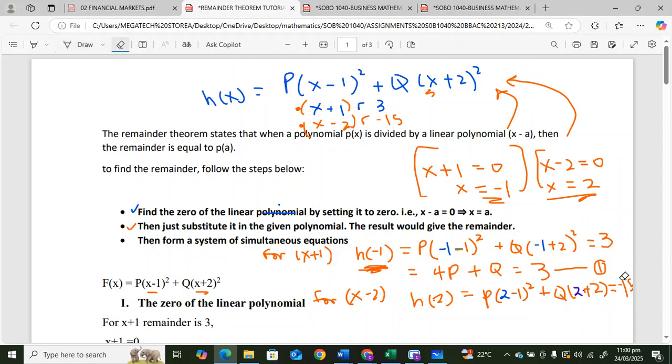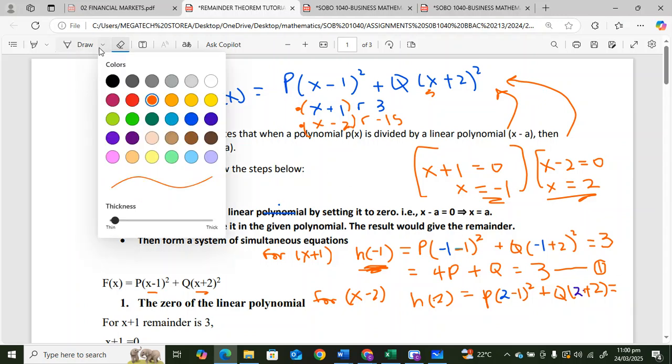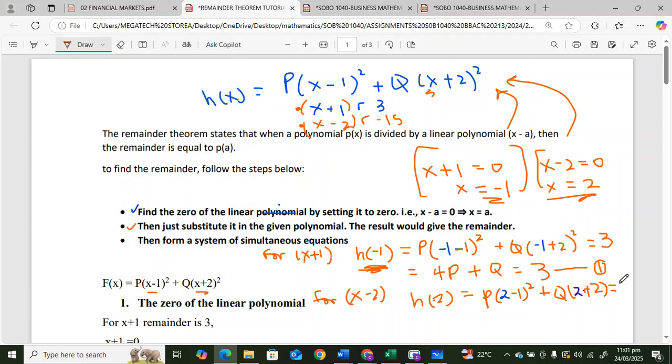Then we simplify. Because here basically the concept is once we form these two equations, we just use simultaneous equations to get the values of P and Q. So when we simplify, 2 minus 1, that is 1. 1 squared, that is P, plus 2 plus 2, that is 4. 4 squared, that is 16.